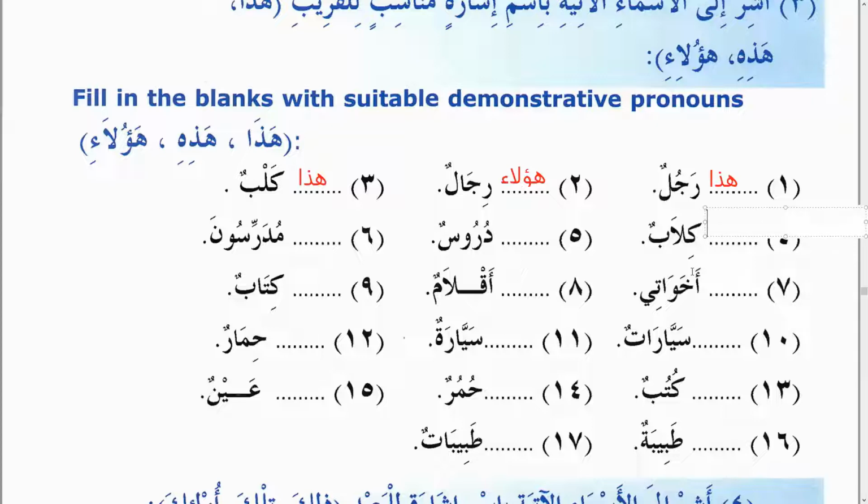For the third one it was hada. For the fourth one, kilab is the plural of dogs. These are dogs. Hadihi, yes, this is the correct answer. Hadihi kilabun. Ahsan. Durusun. These are lessons.